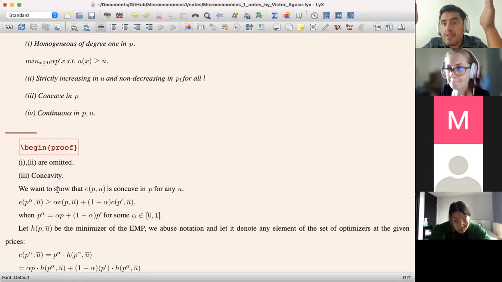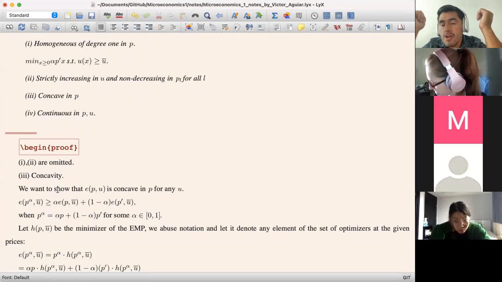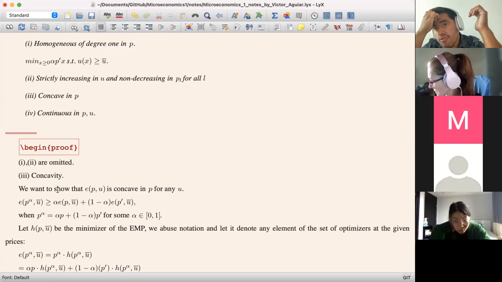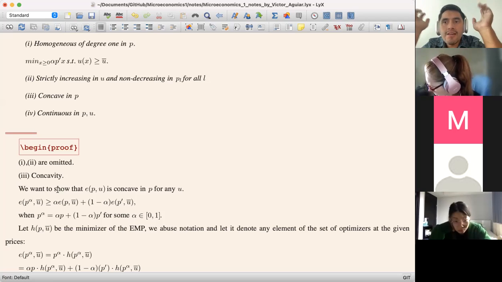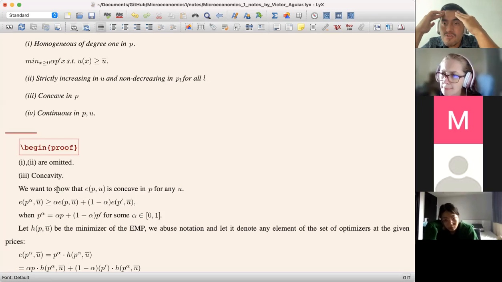Concavity turns out to be related to the weak axiom of revealed preference, and also to something called the compensated law of demand. So essentially, concavity of the expenditure function is already gonna tell me that as prices go up, quantities go down, okay? And this actually is a consequence of the concavity of the expenditure function, okay?